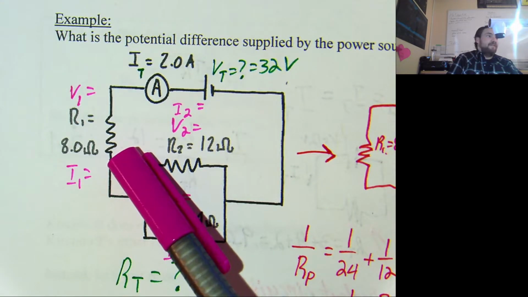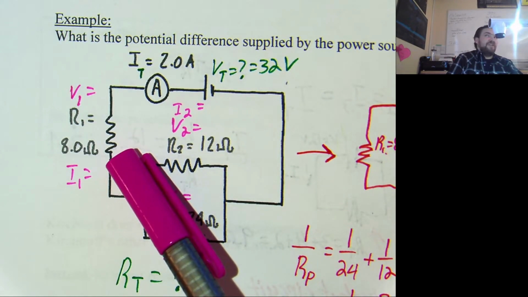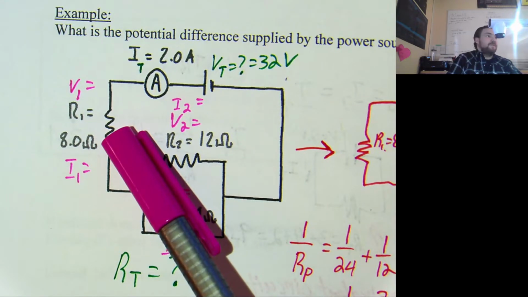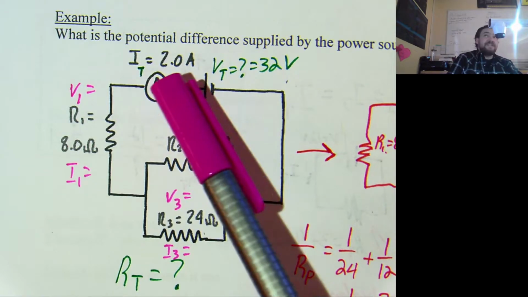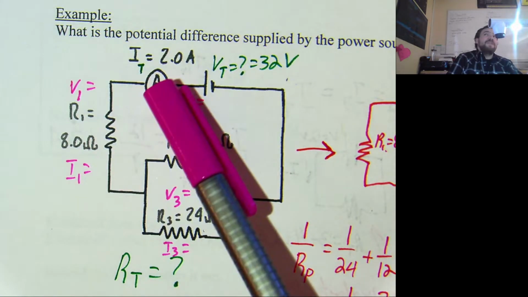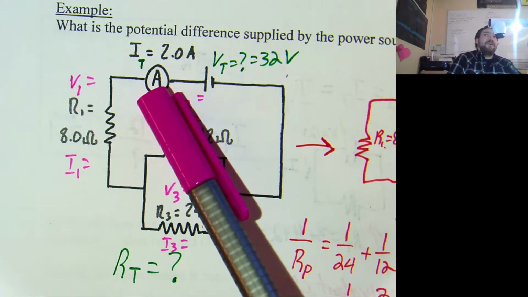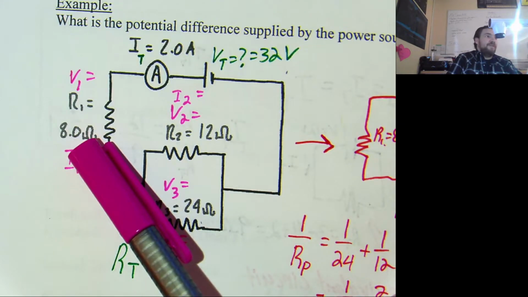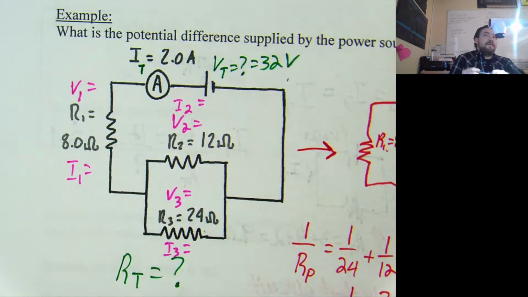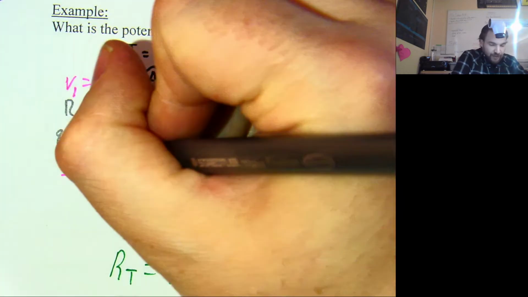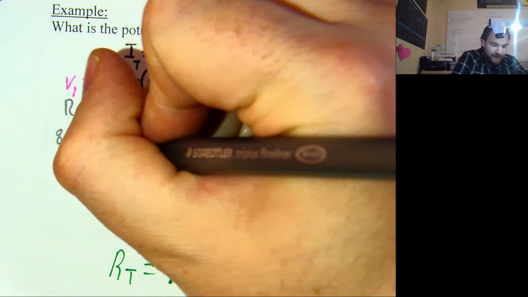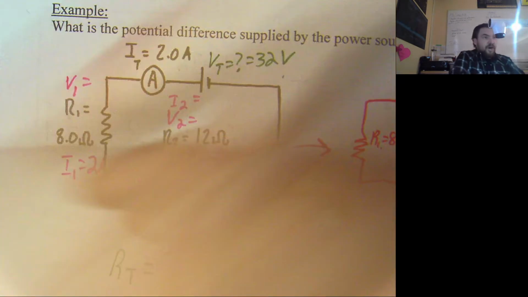That guy there. What must the current through that resistor be equal to? It's got to be equal to the total current because it's on the main branch. So this current and this current are going to be exactly the same. IT is going to equal I1 because those are on the same branch.